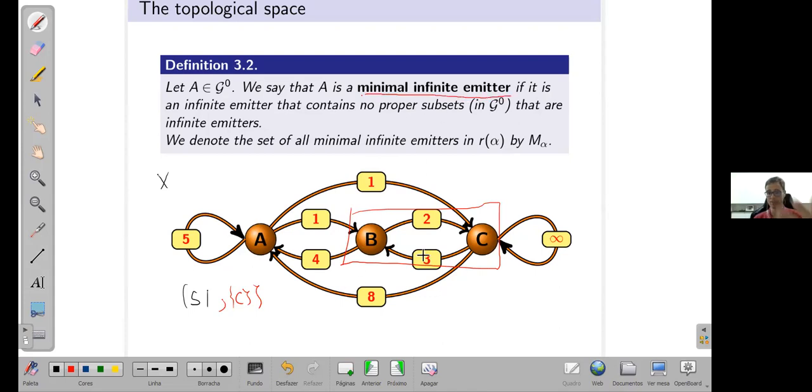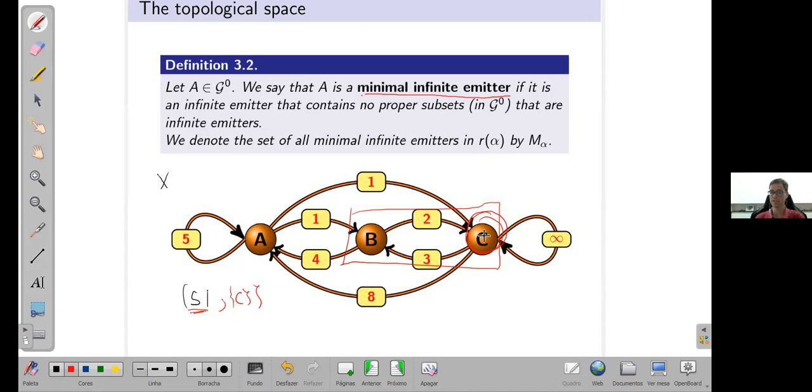It's a generalized vertex where there's an infinite number of edges coming out from this set of vertices, but there's no other subset, no other generalized vertex, where this happens. So for example, from BC there's edge 2, edge 4, and an infinite number of edges coming out, but it's not a minimal infinite emitter, because I can look at C here and see there's also an infinite number of edges coming out. So I'm going to look just at pairs of finite sequences with minimal infinite emitters.